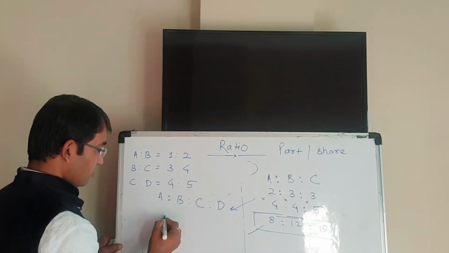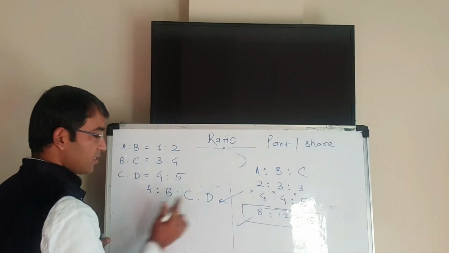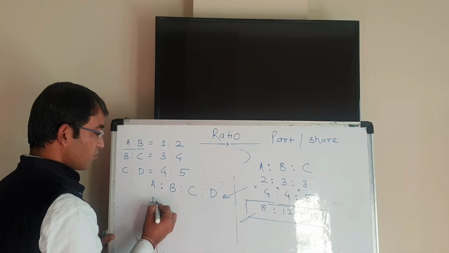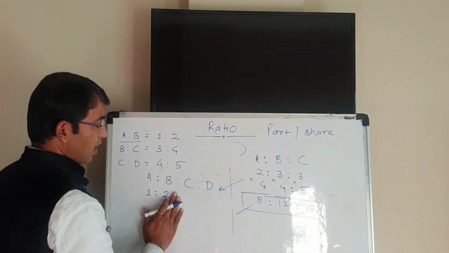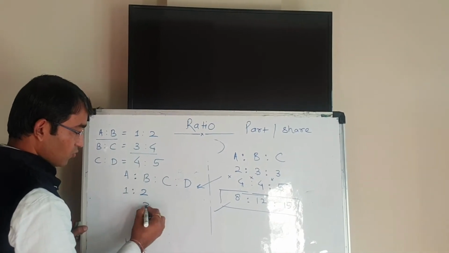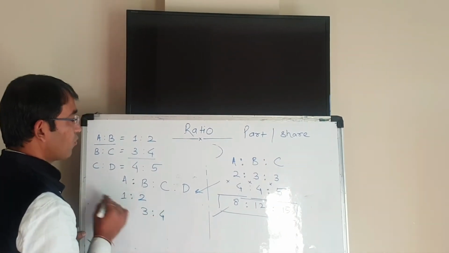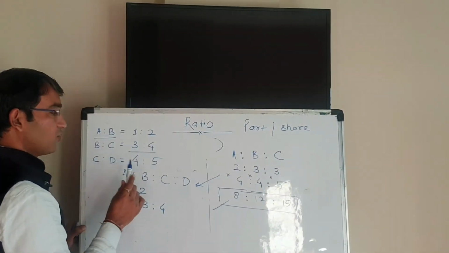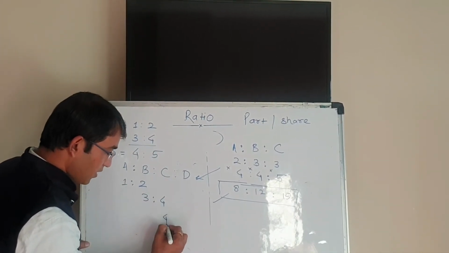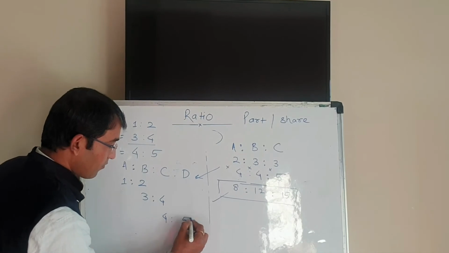We will write A, B, C, D. First of all, we put A ratio B, which is 1:2. Now we put B ratio C, which is 3:4. So this is 3 and this is 4. And now C ratio D, so this is 4:5. So here 4 and here 5.